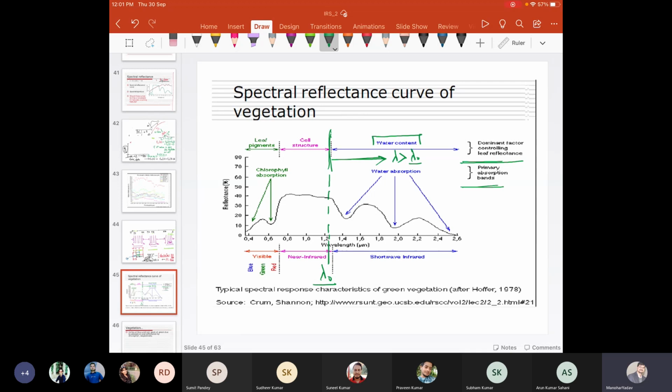So the way water absorbs the energy within the atmosphere, in the same way, water is the dominant factor over here. So in the same way, the leaf also absorbs the energy at those particular wavelengths.